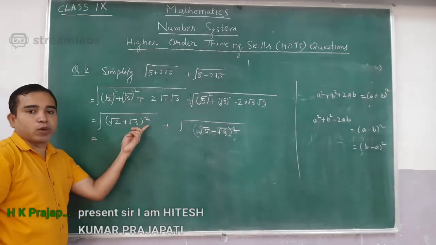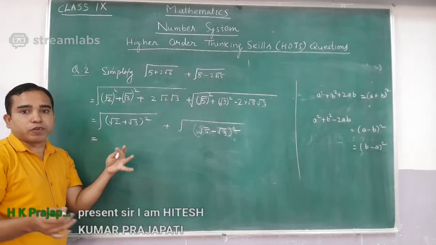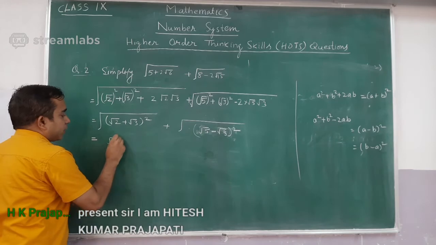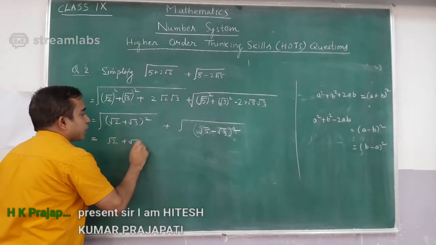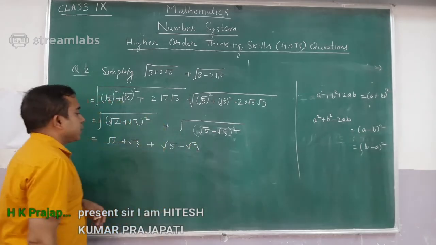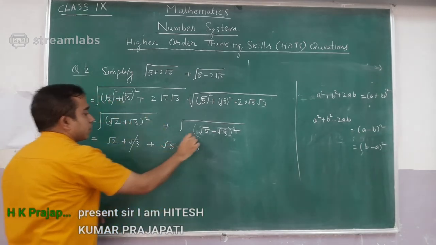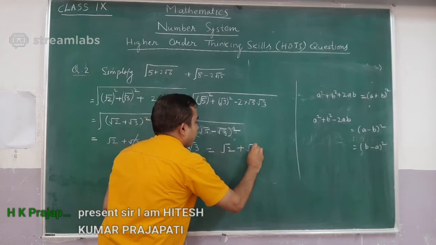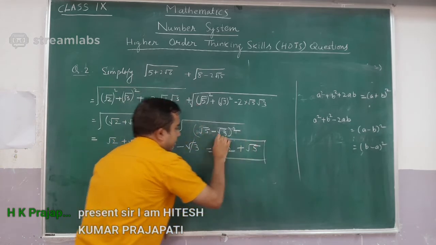root and square are opposite processes of each other. Both will nullify the effect. This will become root 2 plus root 3, and this will become root 5 minus root 3. And what will be the answer? The answer will be root 2 plus root 5. That's it.